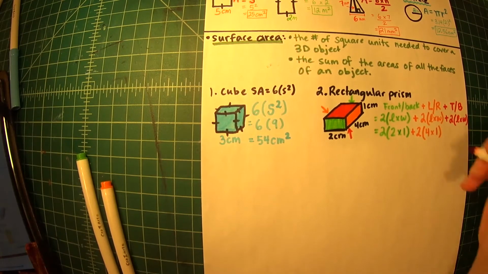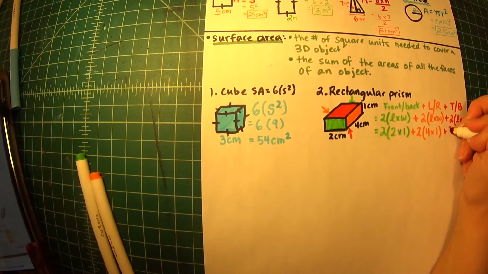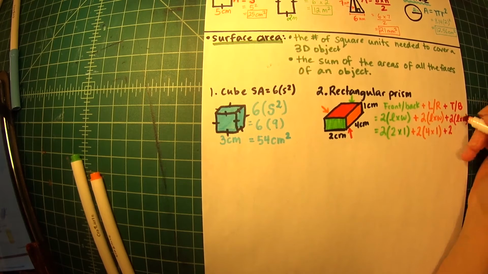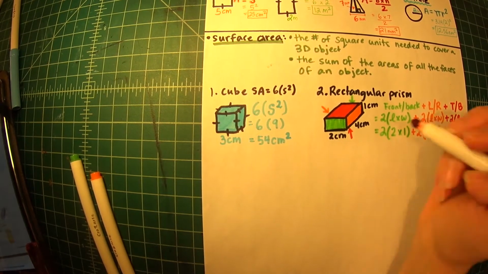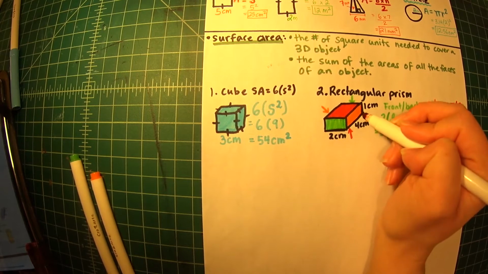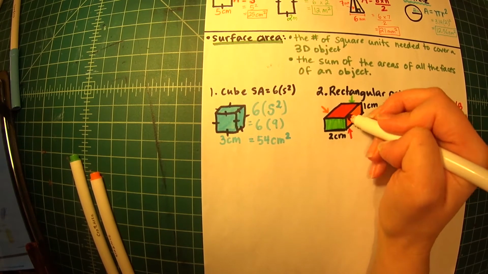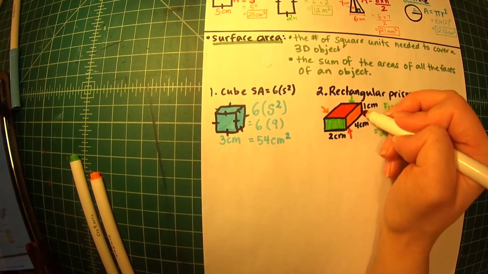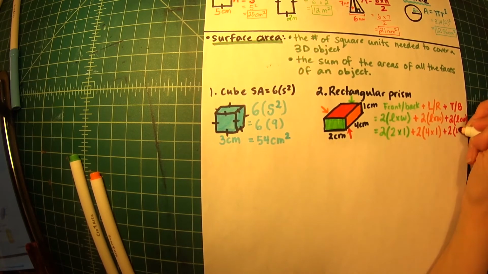And then finally, we have the 2 identical faces of top and bottom. So let's fill in the length and the width of those. So those are not labeled on the top here, but notice they're labeled on the bottom. And again, parallel edges, same measurements. So it's going to be 4 by 2. 4 times 2.